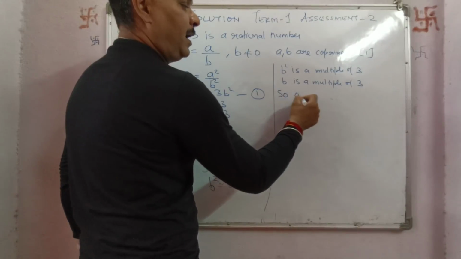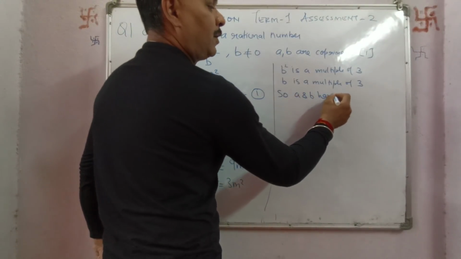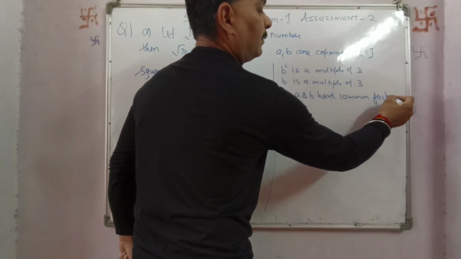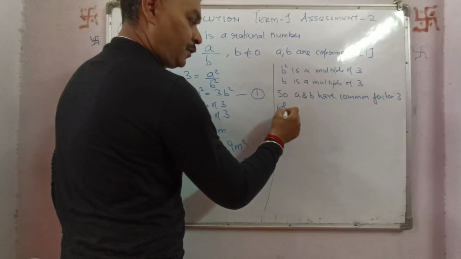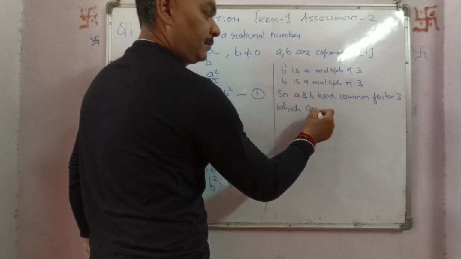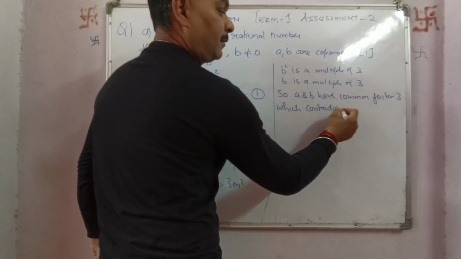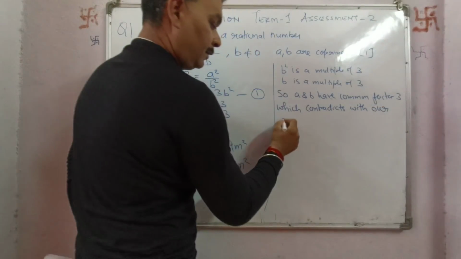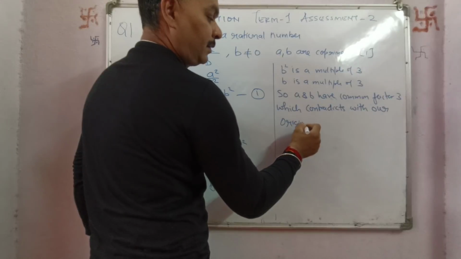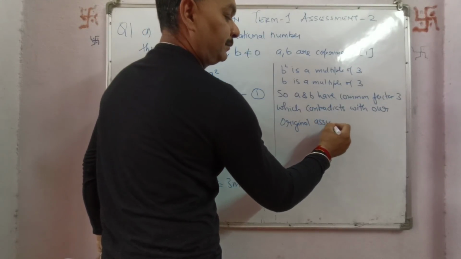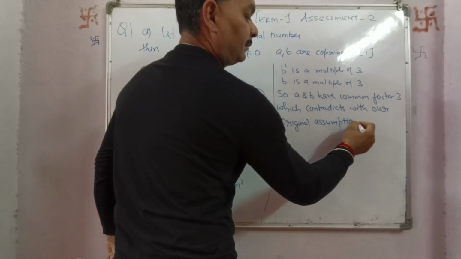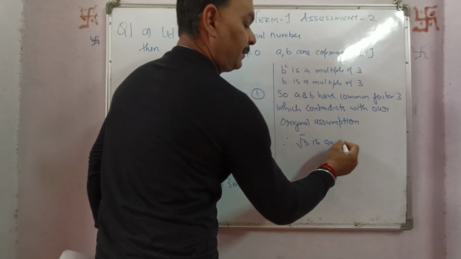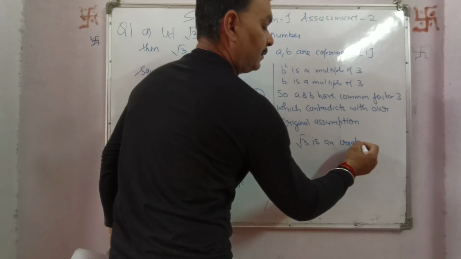So, a and b have common factor 3, which contradicts with our original assumption. Therefore, root 3 is an irrational number.